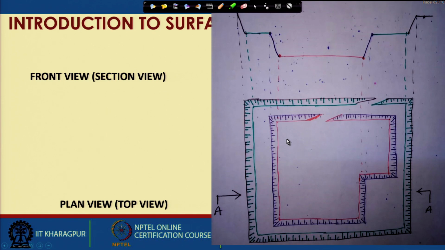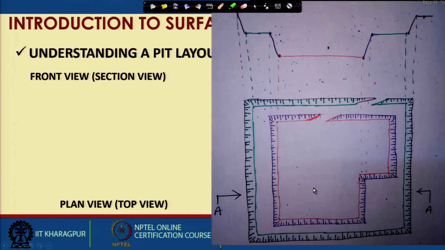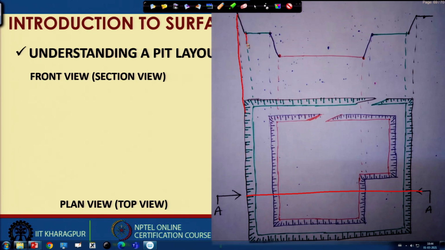And you can see if you are taking the section along this line, you can directly project this one. So, it is projecting this. See, this one is projected, this one is projected, and this one is projected. Now, instead of this, if you are trying to take a section along this line, then what will happen?